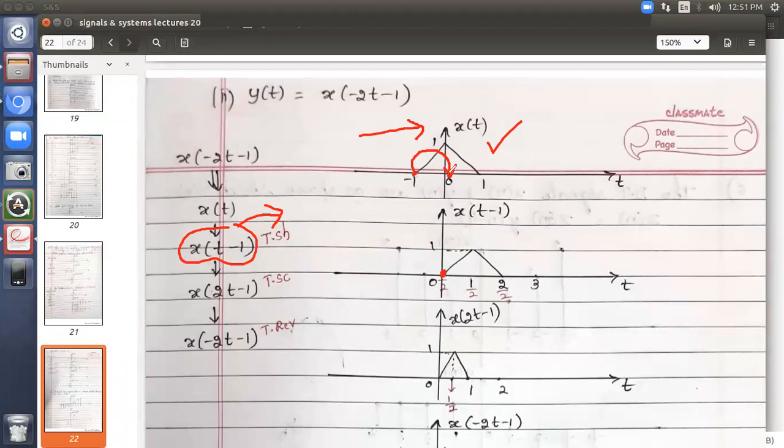Then we have a point 0 also. Shift this point here. So at 0, whatever amplitude we have, that is 1, it will be at 1 now. At 1, I'll be having the maximum amplitude.